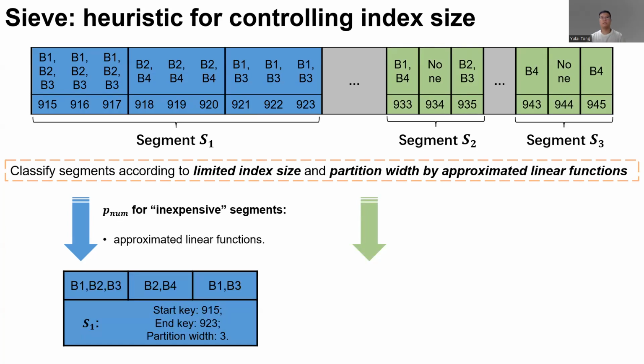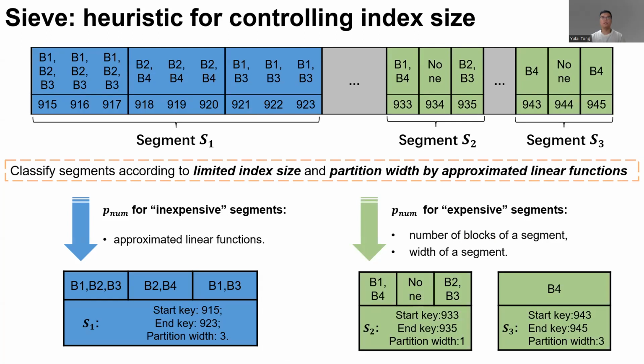Intuitively, larger partition size results in fewer partitions, making the storage budget tend not to be violated. Therefore, we label such segments as inexpensive and assign partitions to them directly based on the approximated functions, such as segment 1 in the example.